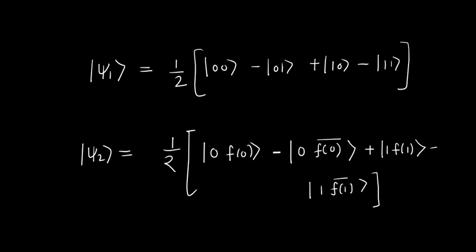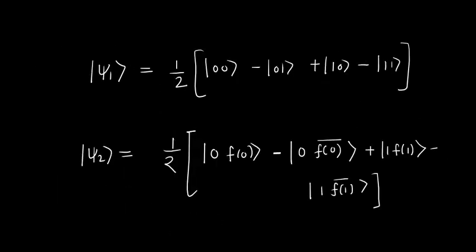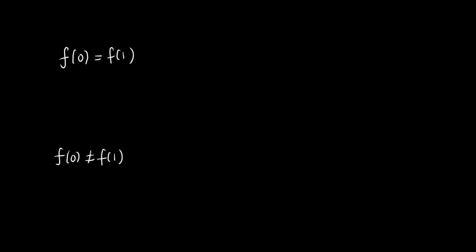Because what is the problem in hand? We want to know whether f0 is equal to f1 or f0 is not equal to f1, right? This is the problem in hand. So how would this output composite state look for these two scenarios? Further, you can see that these two scenarios can be bifurcated.